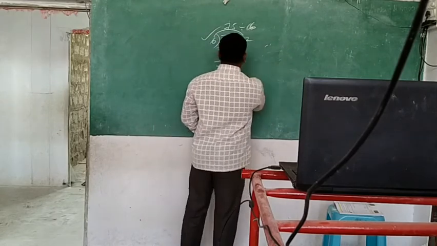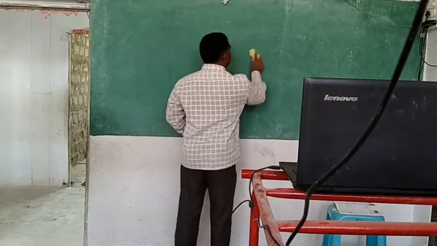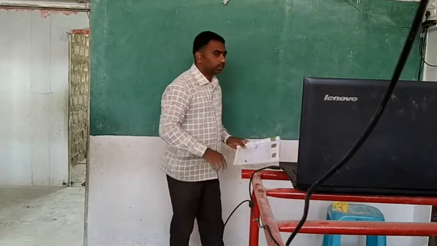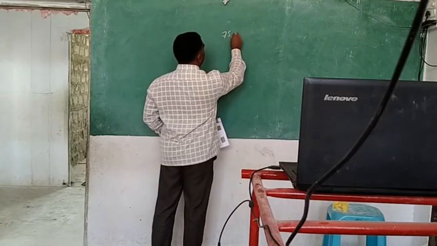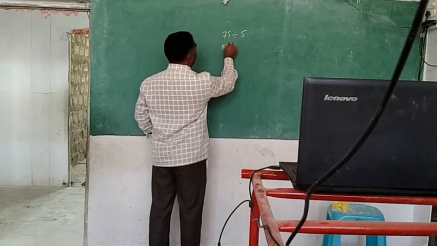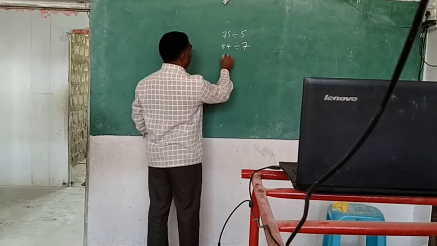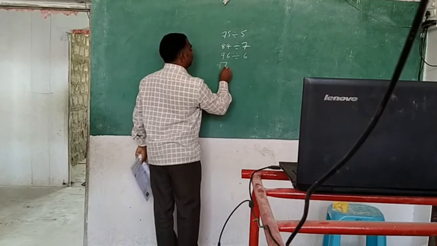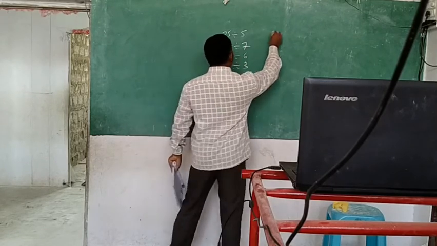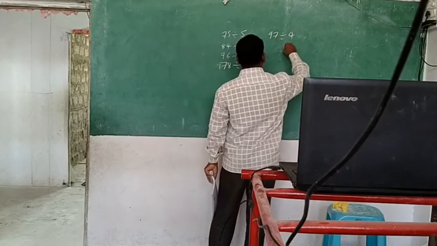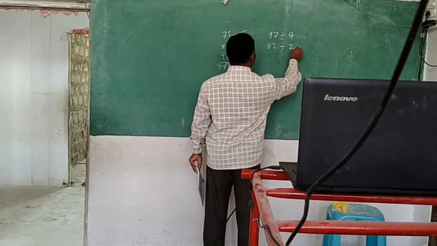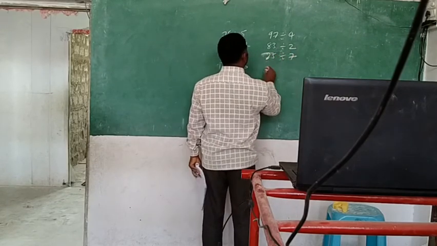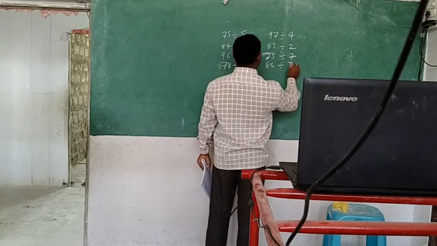Okay. So like this, I will write some divisions for you. That many divisions you need to do. 75 divided by 5, 84 divided by 7, 96 divided by 6, 78 divided by 3, 97 divided by 4, 83 divided by 2, 25 divided by 7, 86 divided by 9.